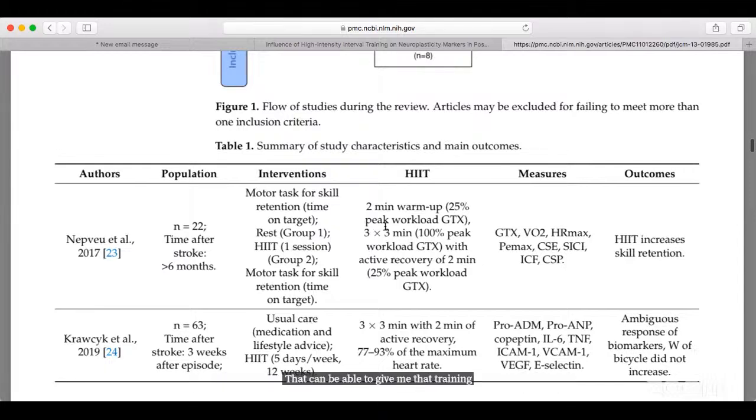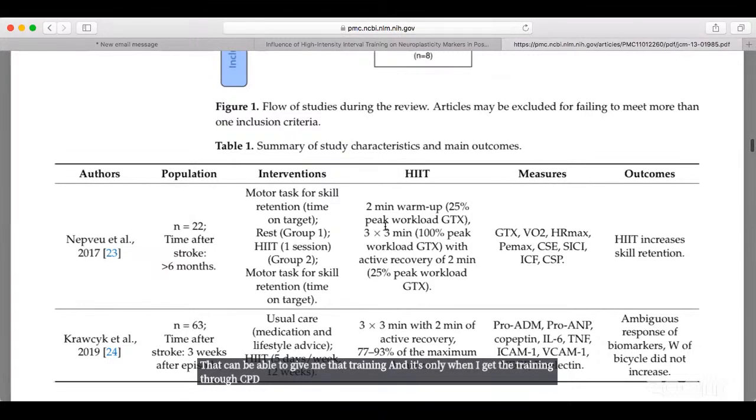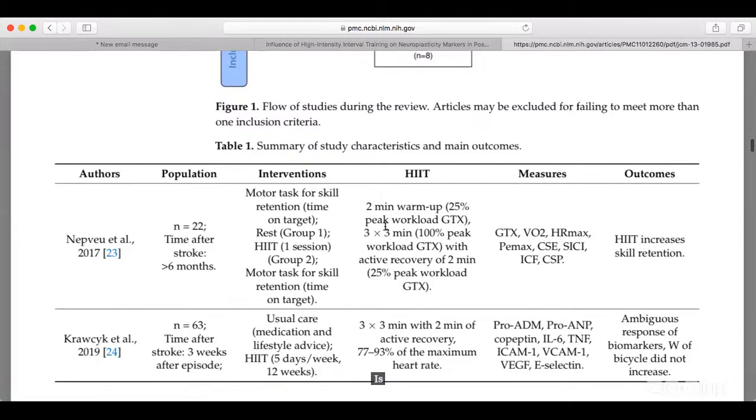And it's only when I get the training through CPD that I will go and apply it on a subject. Then I will go to my patient and apply it. This is what practice-generated knowledge is all about. After finishing learning the skills, when I go to my patient, I will explain to him. There is one paper, Nepview et al. 2017.